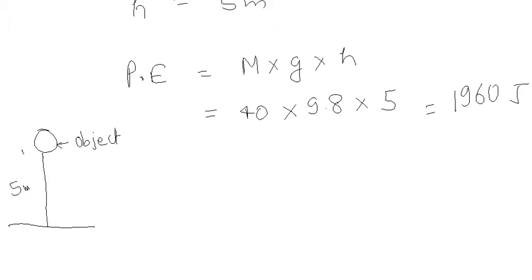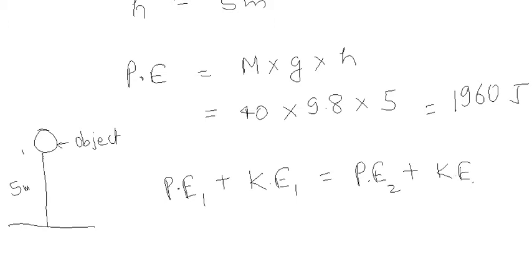In the second part of this question, it is asked to find what will be the kinetic energy when this object drops from this height. So we apply here the law of conservation of energy. Potential energy 1 plus kinetic energy 1 is equal to potential energy 2 plus kinetic energy 2, which is constant.